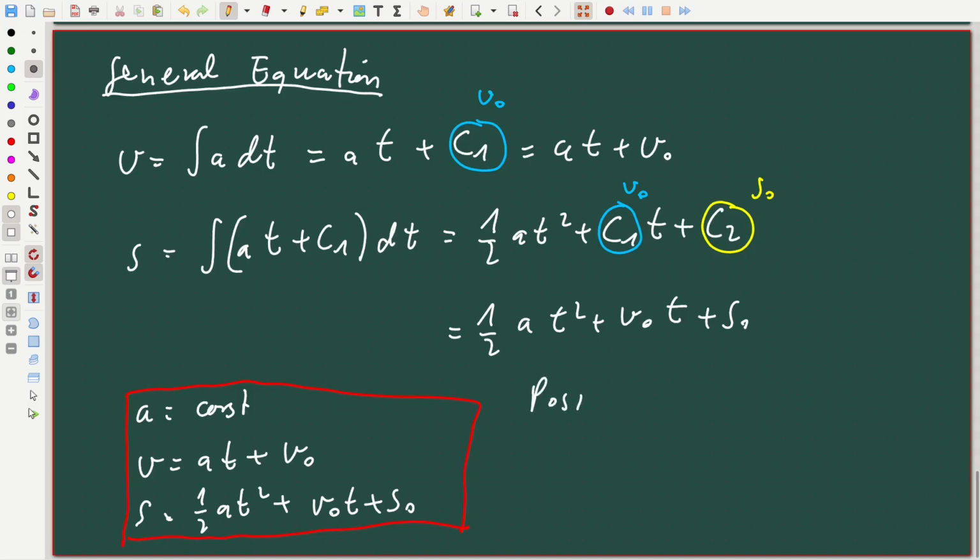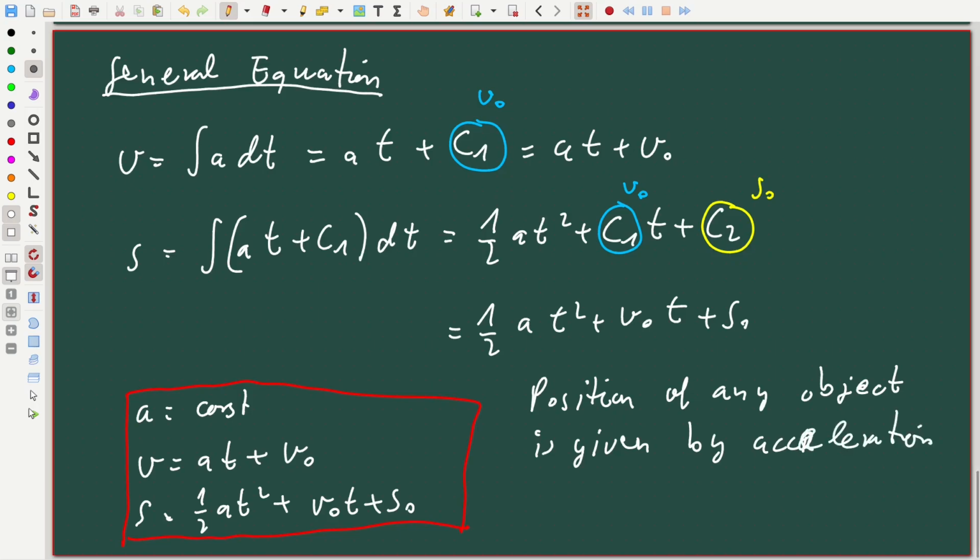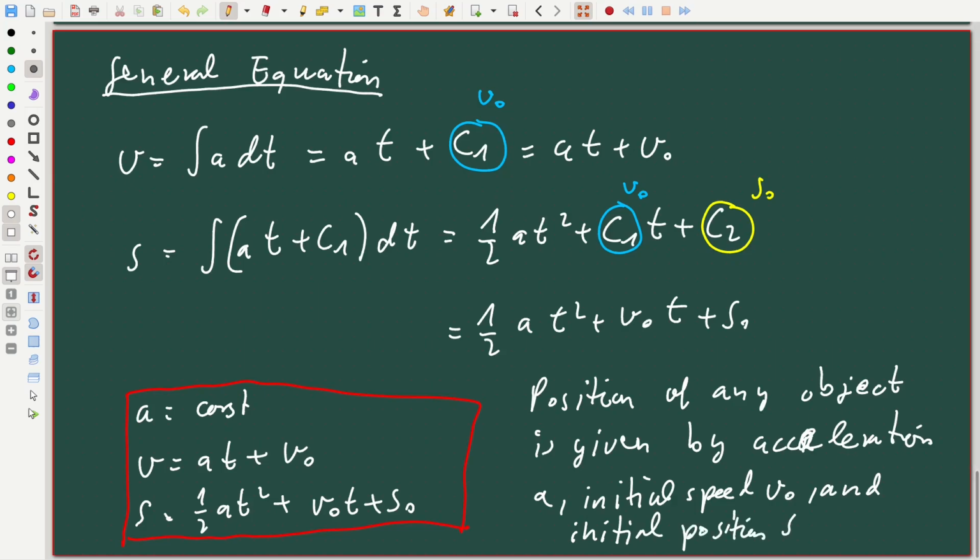So we can say that the position of any object is given by acceleration a, initial speed v0, and initial position s0.